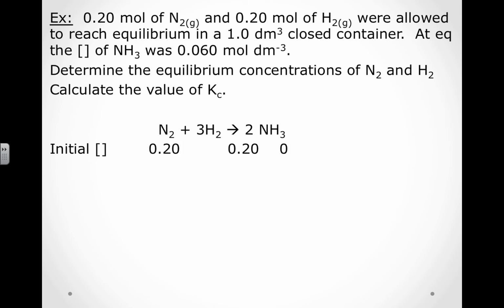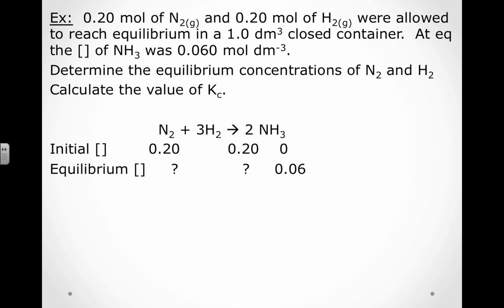Initially we had 0.2 moles of nitrogen, 0.2 moles of hydrogen, but 0 moles of ammonia. These were all in 1 liter, so moles divided by 1 gives concentrations. At equilibrium, here's our concentration of ammonia, 0.06, but we don't know the nitrogen or the hydrogen.